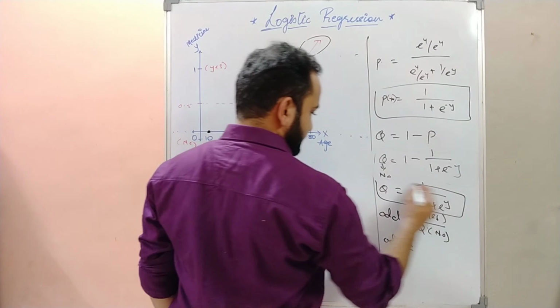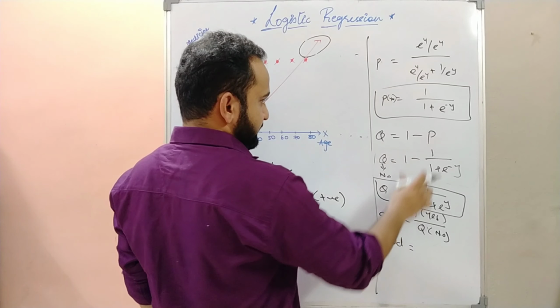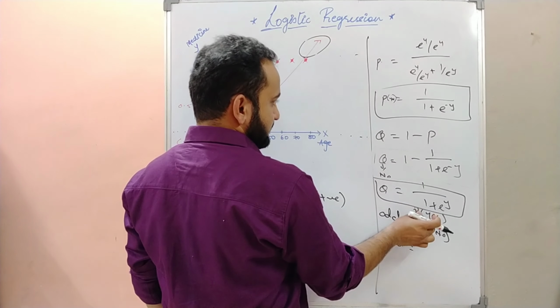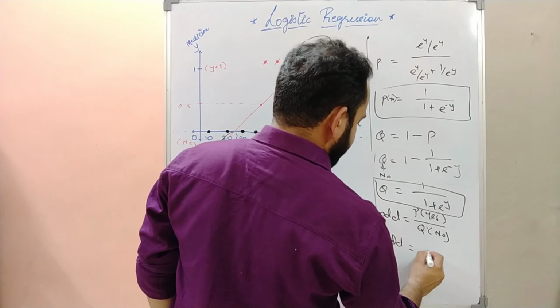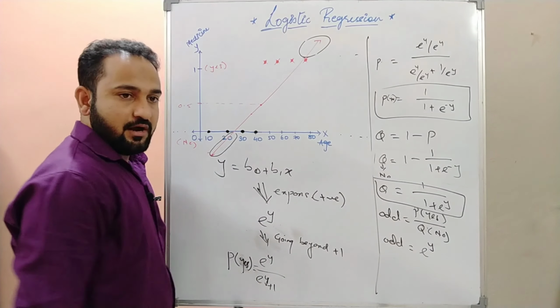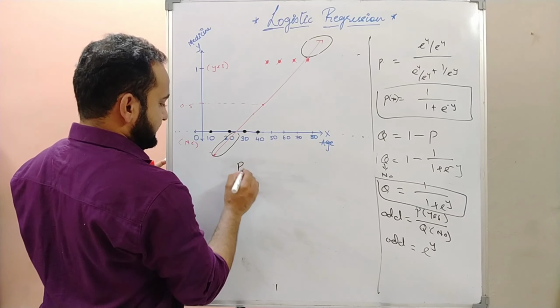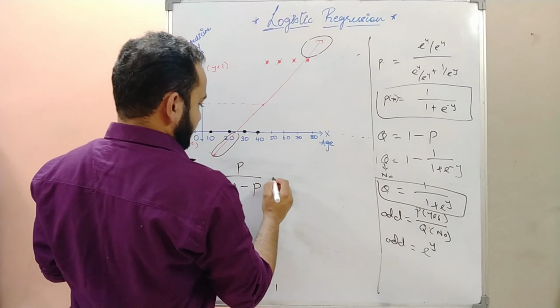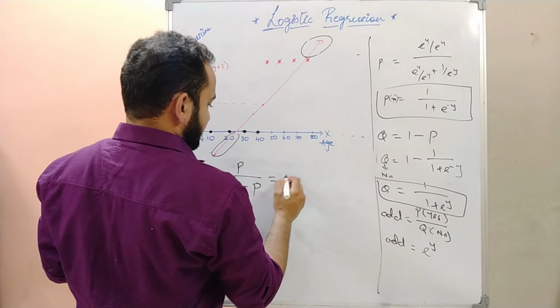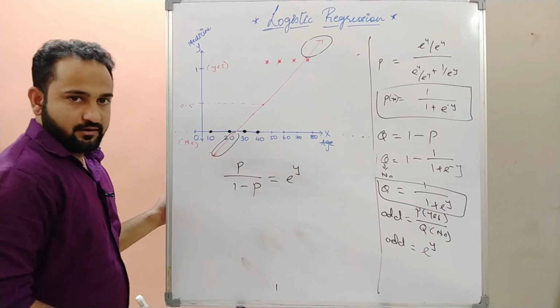I have Q here and P here. If you write the value of P and the value of Q, we will simply get e raised to y as the answer. So we can write P divided by 1 minus P, that is P divided by Q, equal to e raised to y.